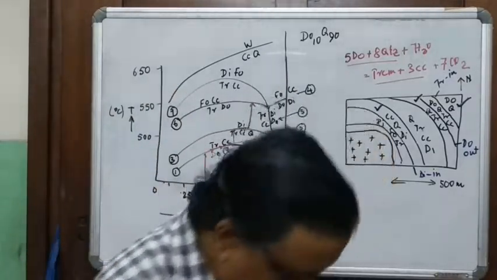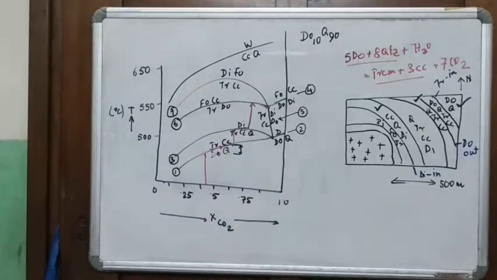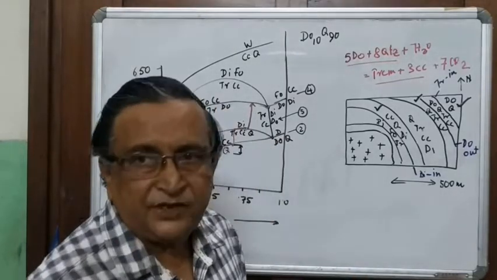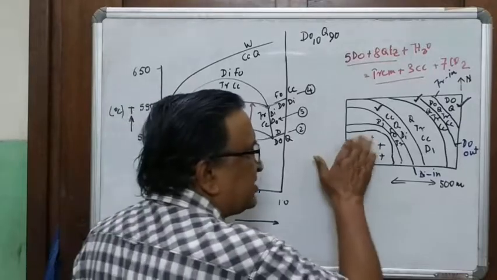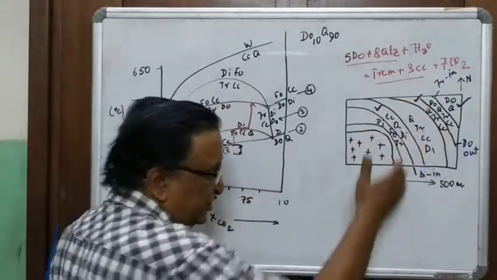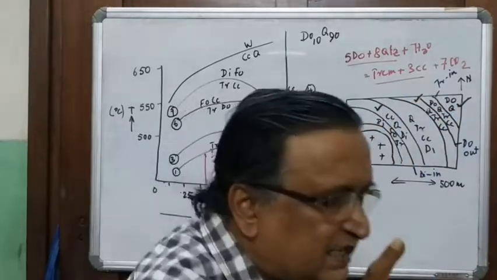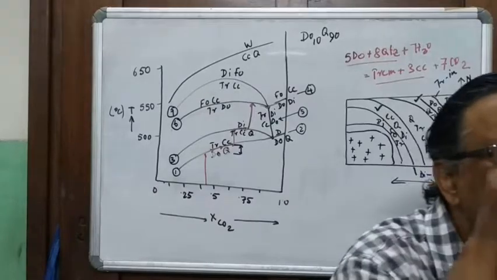What we are trying to show here is that if you have a uniform composition of rocks and they are subjected to high temperatures, then there will be contact metamorphic aureoles and they will be arranged like this if it is a case of closed system metamorphism.